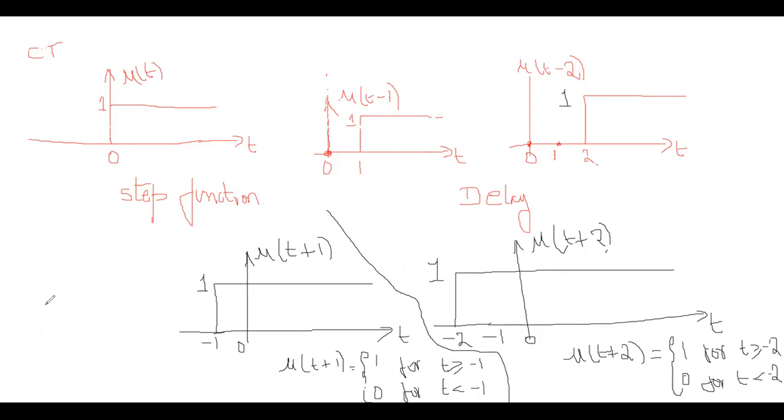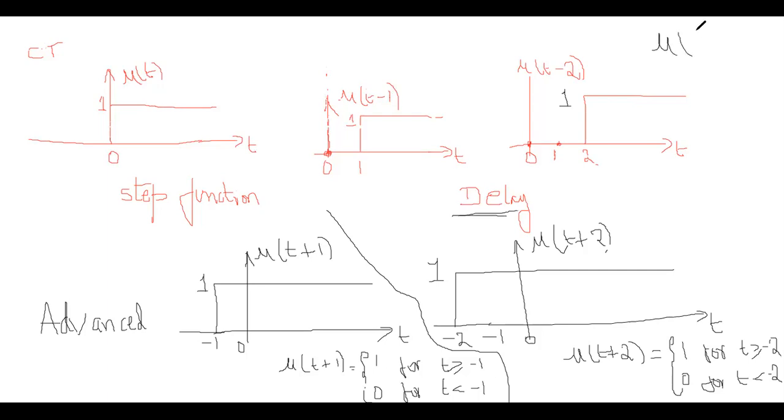We can call this advanced functions. This value, whatever we are taking as A, changes: 1, 2, 3, and so on. If it is minus A, it is a delay function.